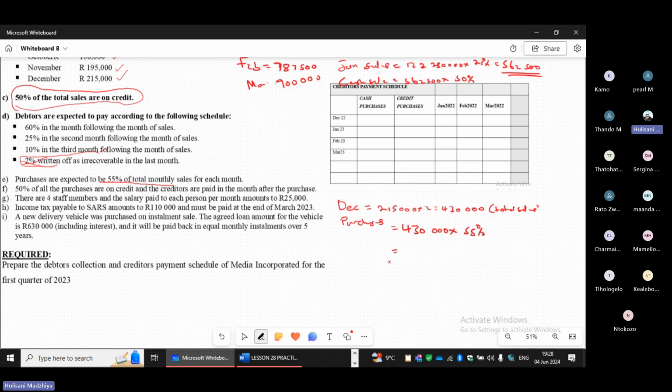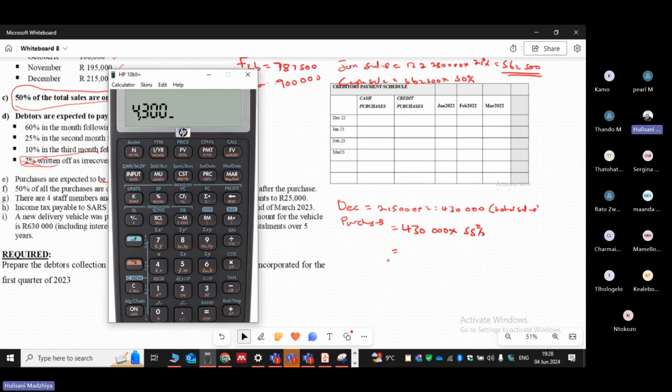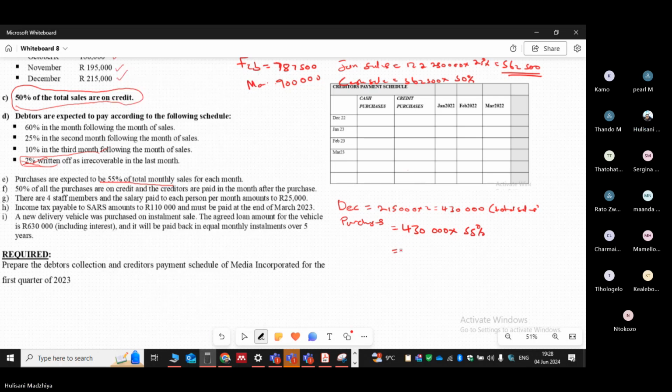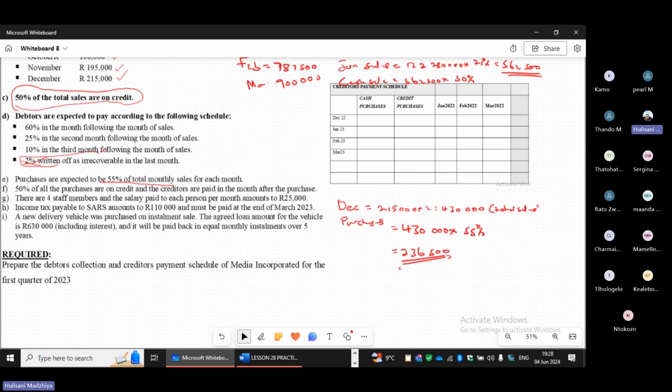So the total purchase for December equals 430,000 multiplied by 55%. That's 236,500. So this is the total purchases.